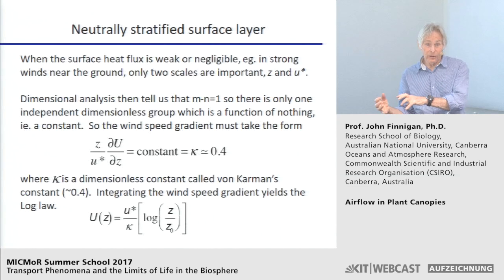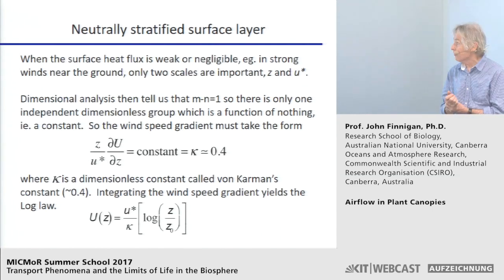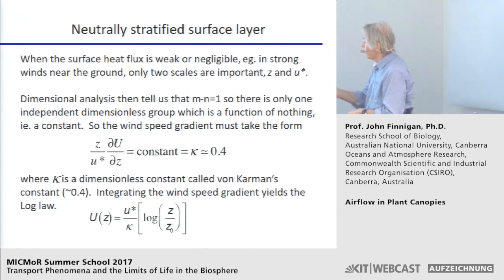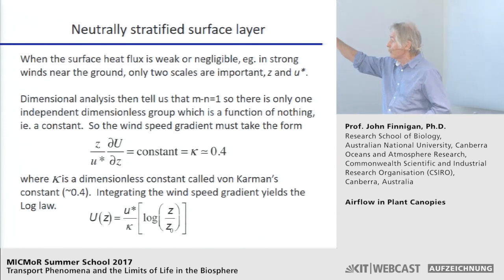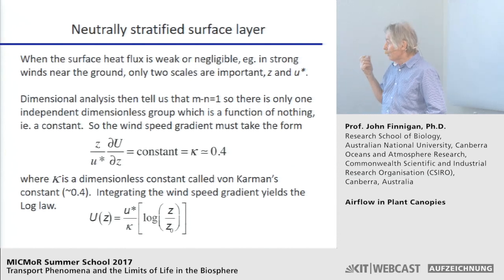It can't be a function of any other dimensionless group because there aren't any. So it's a function of nothing. In other words, it's a constant. So the wind speed gradient has got to take the form z upon u star du dz is a constant. And that constant is conventionally taken as k, which is a value of about 0.4, and that's called von Karman's constant.